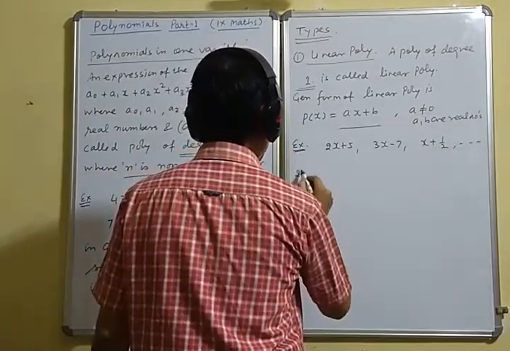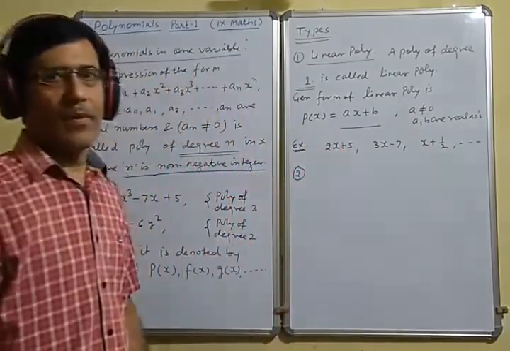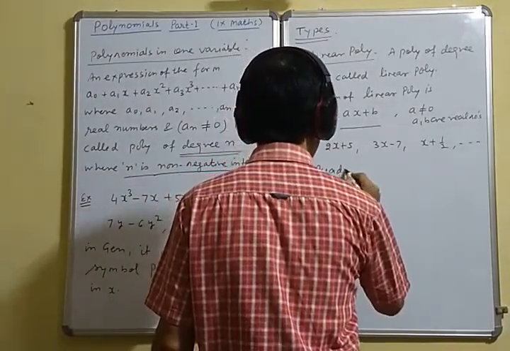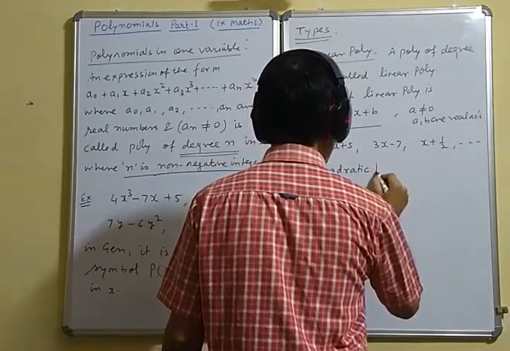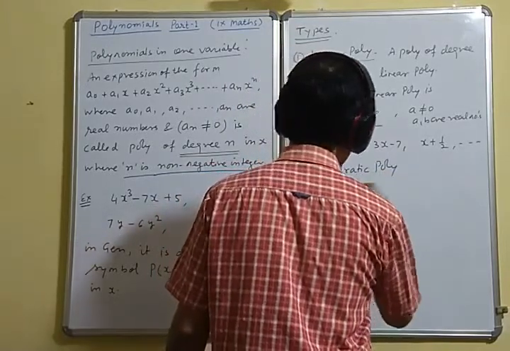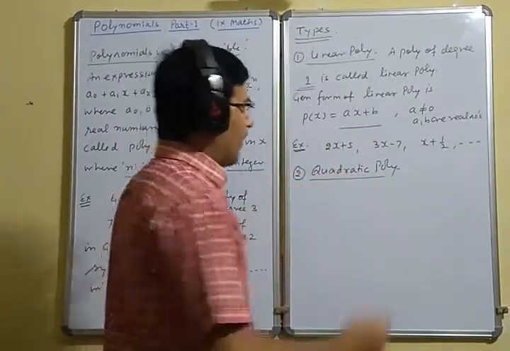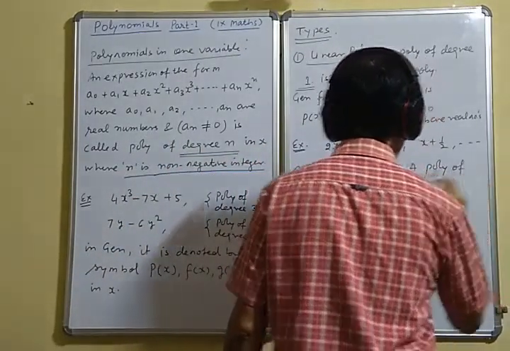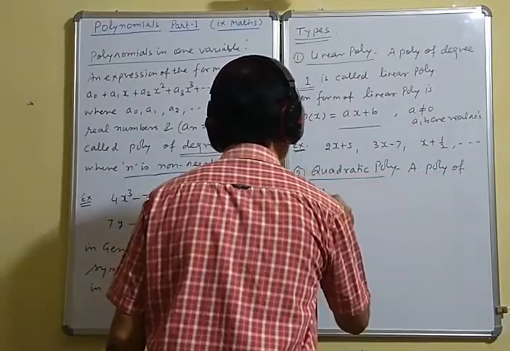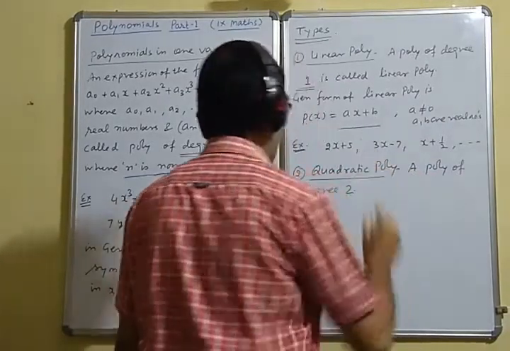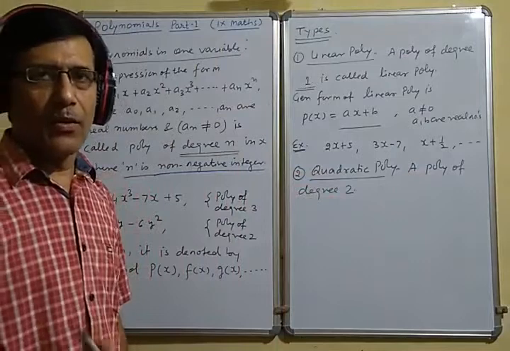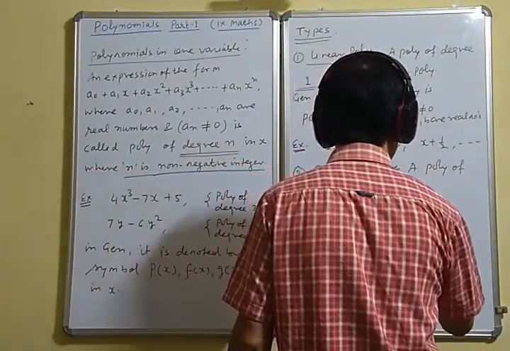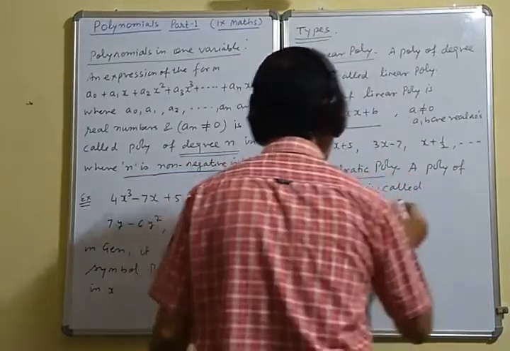Now the second one, quadratic polynomial. A polynomial of degree 2 is called quadratic polynomial.